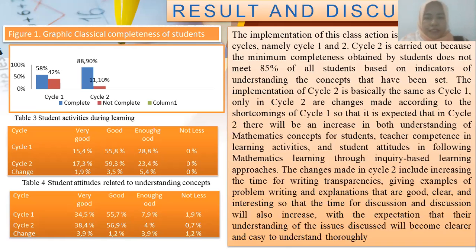Next, discussion. The implementation of class action, namely cycle 1, the minimum completeness obtained by student does not meet 95% of all students based on indicator of understanding the concept that have been set.